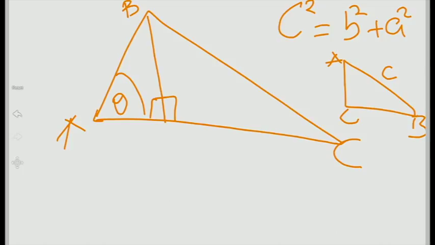We want to use full lines and full angles. So we can either use angle C and side BC, which is side A, or we can use angle A and side C. That's the only full one. If we cut on this new line, and let's say this is BF, let's see how we do it. Now we want to use the cosine formula. The sine formula couldn't work for us.